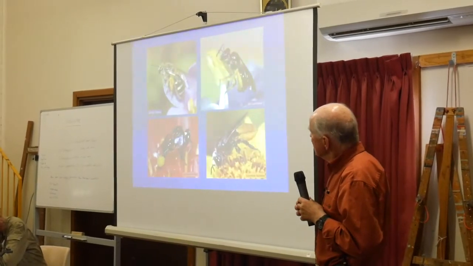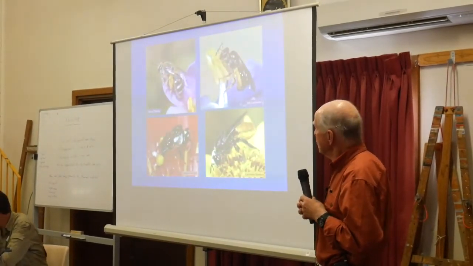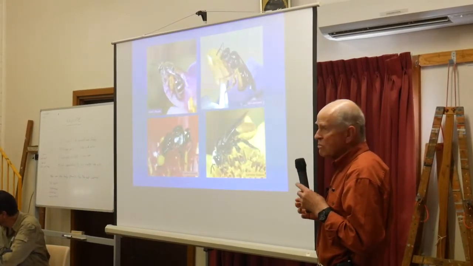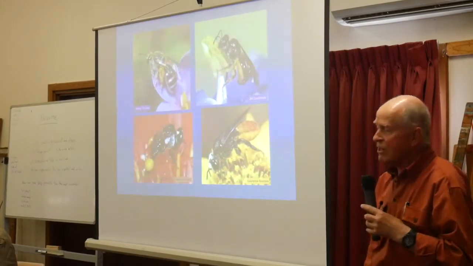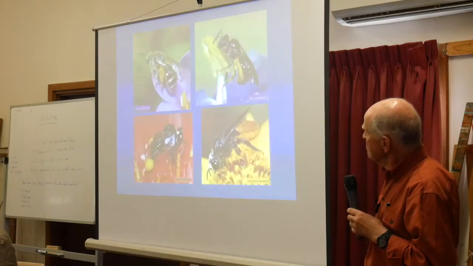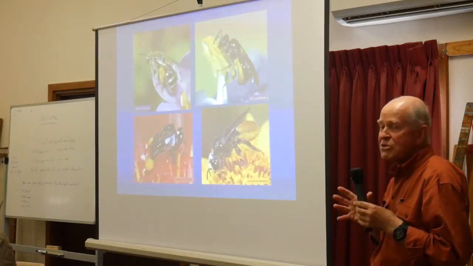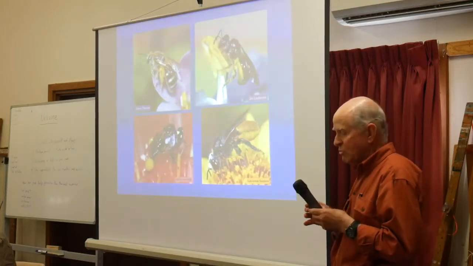So the two bees on the left are carrying pollen loads on their legs. They're carrying it in different ways. I'll deal more with that later. And the two bees on the right are carrying pollen loads under the abdomen. So they have special sets of hairs to do that, and the special sets of hairs, or one set, would be called a scopa.